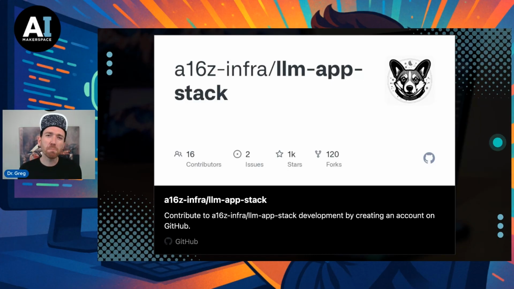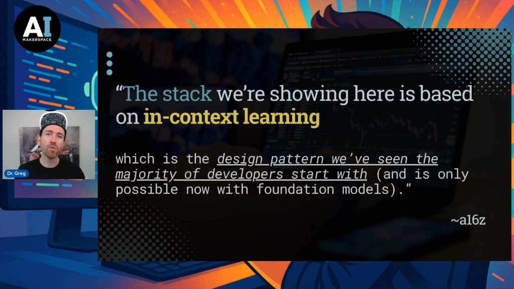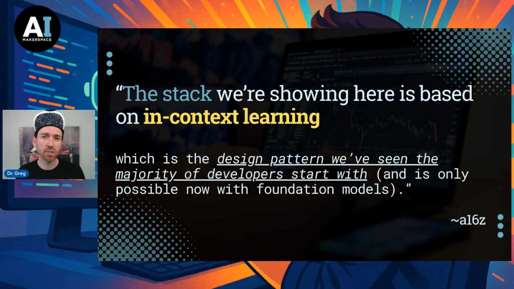And it's based in the core idea of prompt engineering that came out of the GPT-3 paper in 2020. And that is this idea of in-context learning. It's all about putting the right stuff into the context window. And leveraging this design pattern, whether it's through retrieval augmented generation, or through agents, is fundamental to how we think about building these applications today.